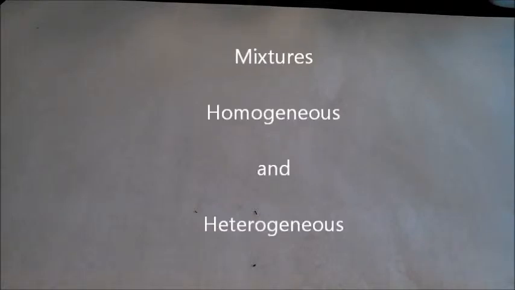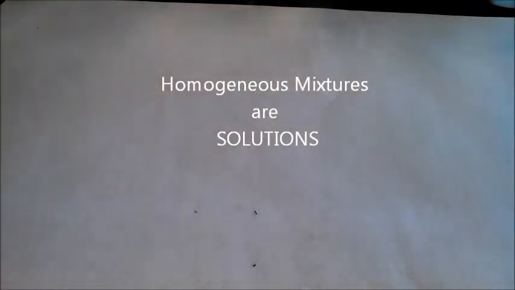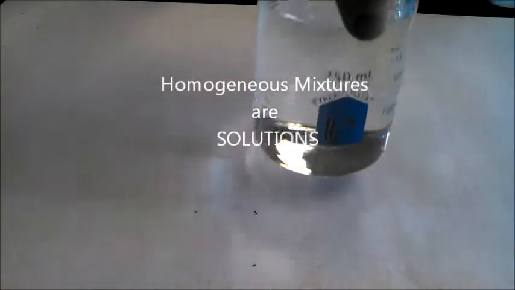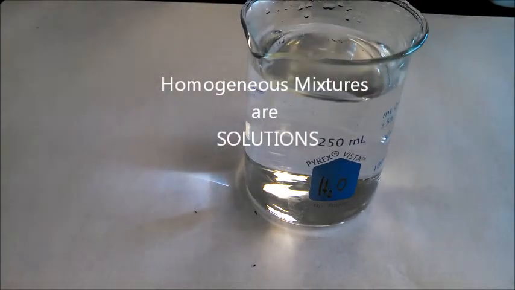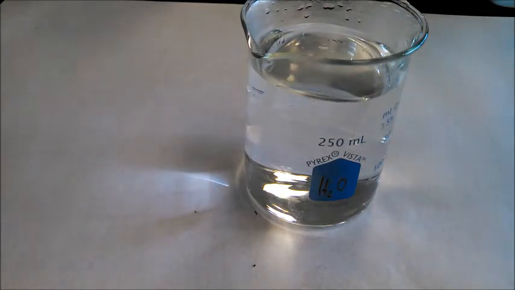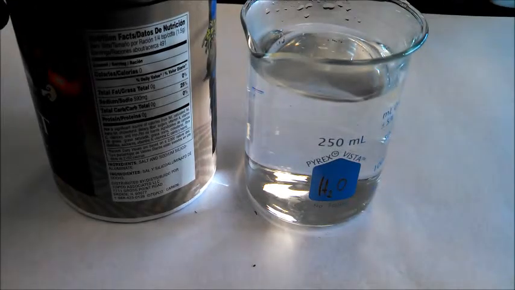Matter can also be classified as a mixture. There are two types of mixtures. There are homogeneous mixtures and heterogeneous mixtures. Homogeneous mixtures are also called solutions. Let's make a mixture that is homogeneous, a solution of water and salt.